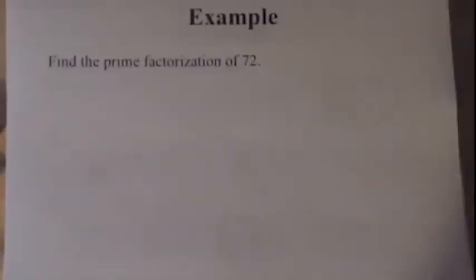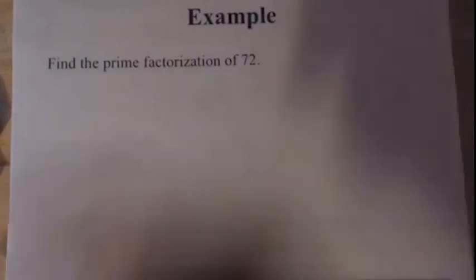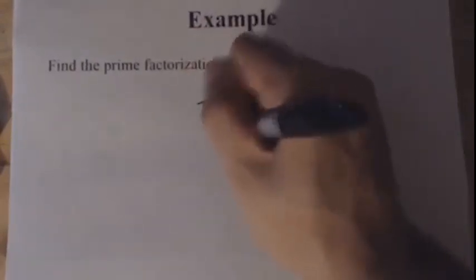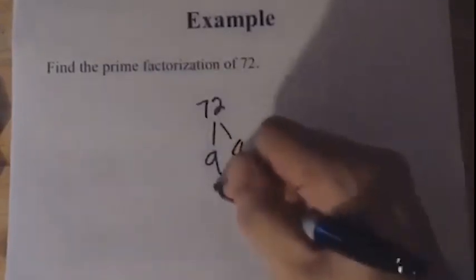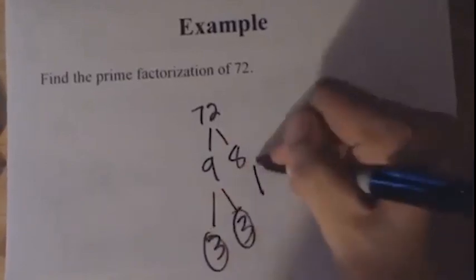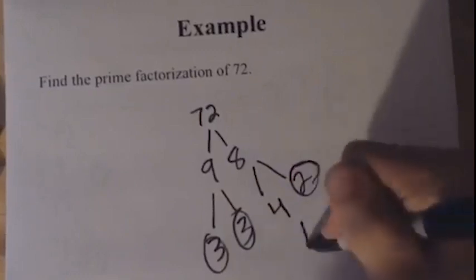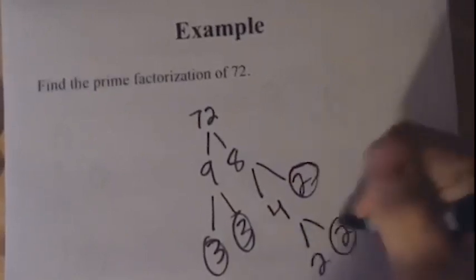Last one. Let's find the prime factorization of 72. 72 is 9 times 8. 9 is 3 times 3. 8 is 4 times 2. 4 is 2 times 2.